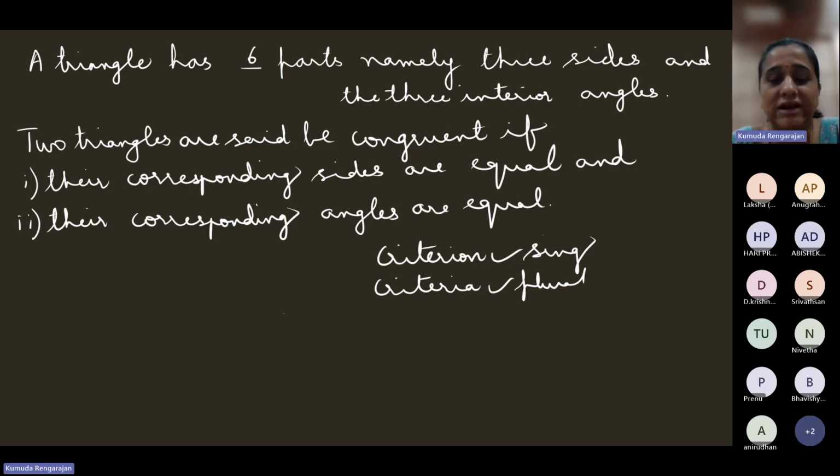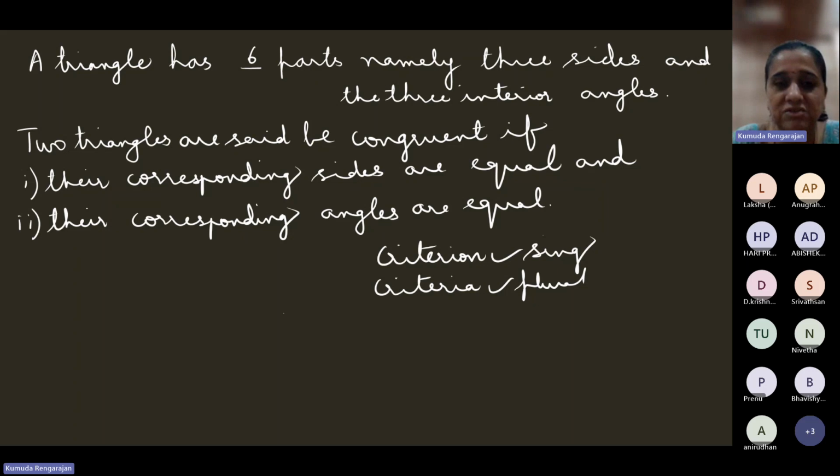Now, congruence criteria simplifies our job. You don't have to check all the 6 parts of one triangle with the 6 parts of the other triangle. You can check some specified 3 parts of one triangle with the corresponding 3 parts of the other triangle. Not 6. They make our job easier.